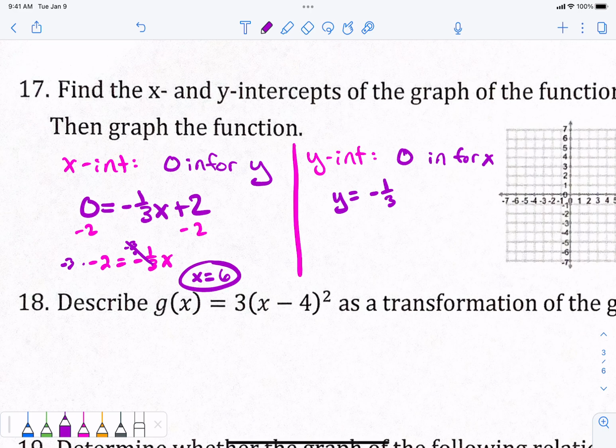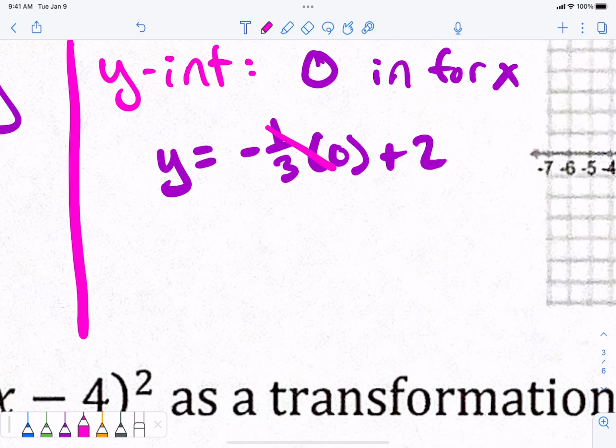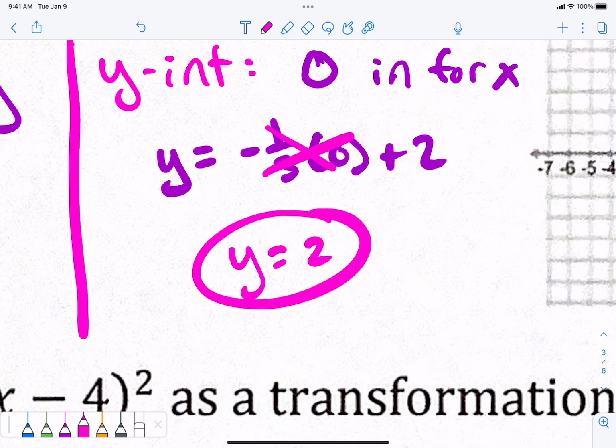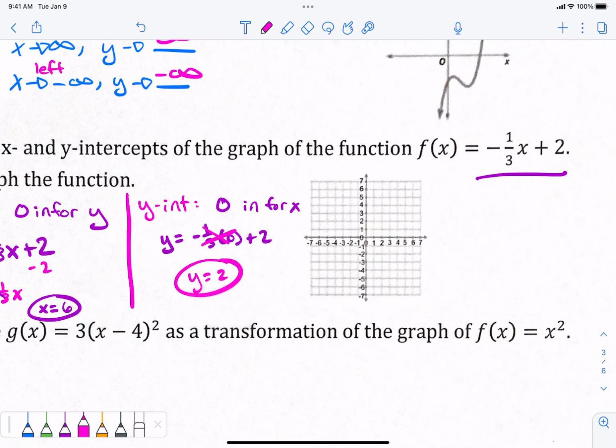For the y-intercept, we plug 0 in for x. Negative 1/3 times 0 is 0. You probably know this already, that it's just that last number. And then we can graph it using the x and y-intercepts. The y is intersecting at 2, the x is intersecting at 6, and I just connect those dots.